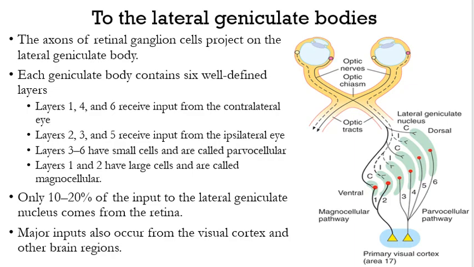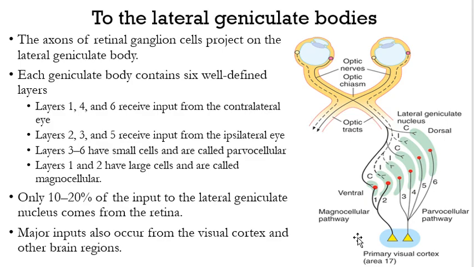If we look at the LGBs, where exactly are they synapsing? We have very particular synapses. You've seen on the right side that the parvos are the third, fourth, fifth, and sixth layers, whilst the more ventral layers, one and two, are the magnocellular.